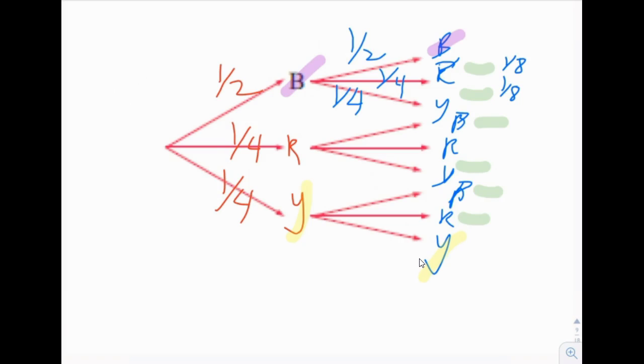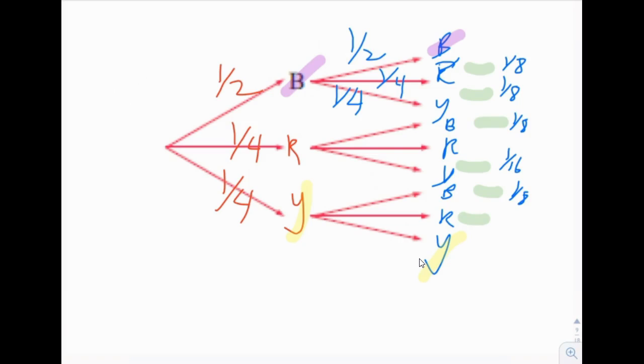Red, blue. Red, blue would be 1/4 times 1/2, which is 1/8 also. Red, yellow would be 1/4 times 1/4, which would be 1/16. Yellow, blue would be 1/4 times 1/2, which would be 1/8.